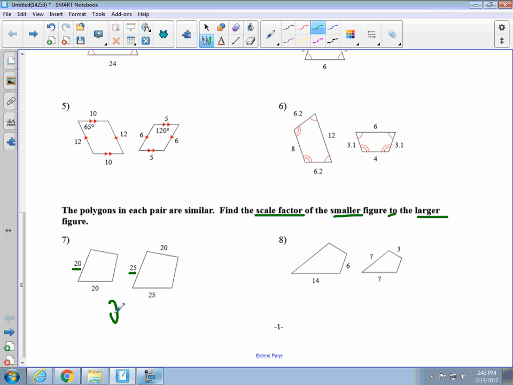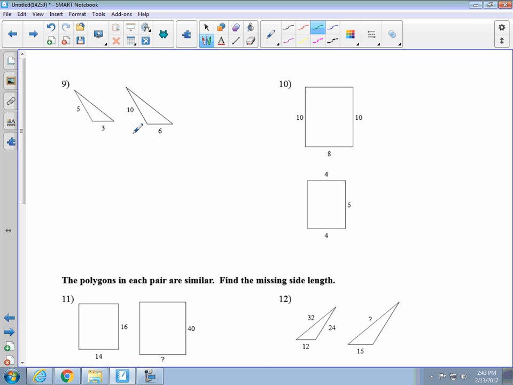Those two, you'll write them down as a fraction, and then you would want to reduce this, and if possible, use your calculator. And this would reduce down to 4 over 5. So what that means is that for 4 units of length in this shape, it would correspond with 5 units of length over here.